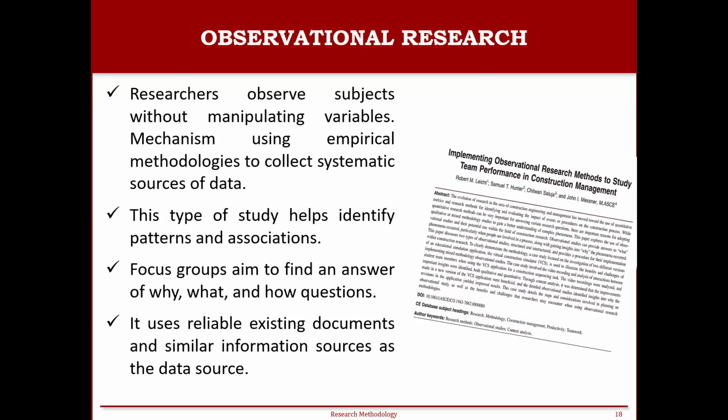Instead, they simply observe and record what happened naturally. Instead of controlling and altering the environment and the variables, they observe exactly what is happening in the natural environment, right? That is what we mean by an observational research study.